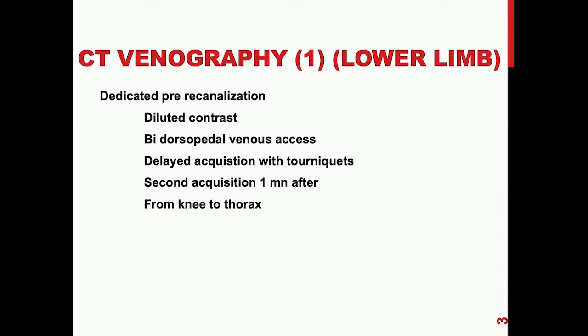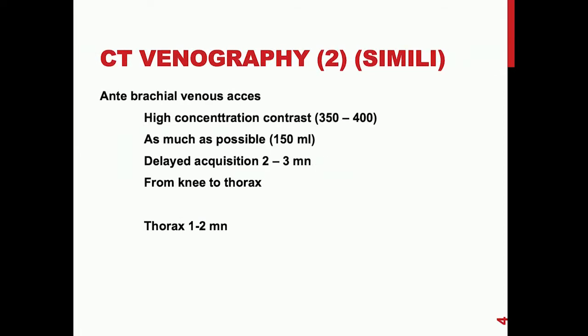We have a delayed acquisition to adapt to the slow vein blood flow, with tourniquets to trap the contrast into lower limbs. We do a second acquisition 1 minute after, just in case the delay was not appropriate for that specific patient. And we do imaging from knee to thorax.